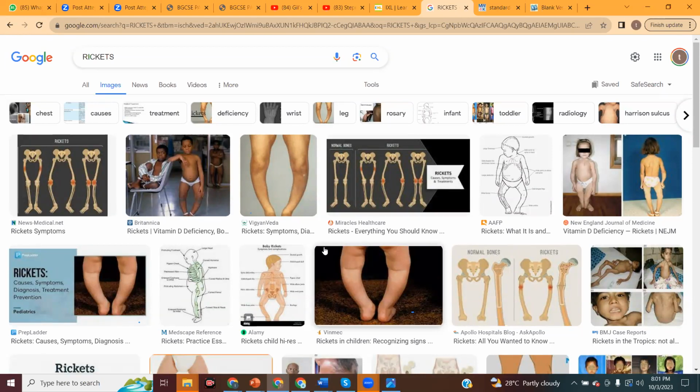Young people can have rickets too. It's bow leg. The people who stand when their knees look like they push back in, do they have rickets? Sometimes yes. That's one of the symptoms of rickets. Bow-leggedness. Now, I'm not saying that everyone who has that has rickets, but that could be a reason.